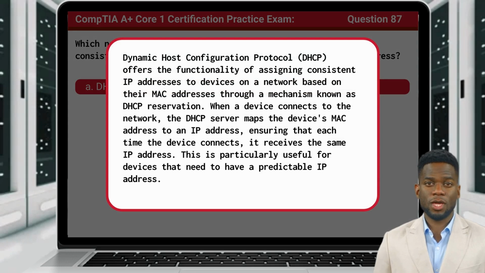Dynamic Host Configuration Protocol, DHCP, offers the functionality of assigning consistent IP addresses to devices on a network based on their MAC addresses through a mechanism known as DHCP reservation. When a device connects to the network, the DHCP server maps the device's MAC address to an IP address, ensuring that each time the device connects, it receives the same IP address. This is particularly useful for devices that need to have a predictable IP address.